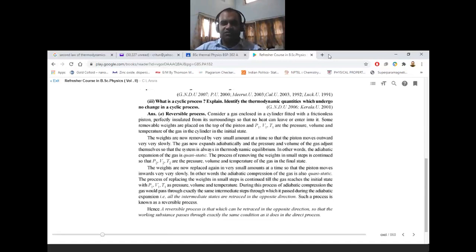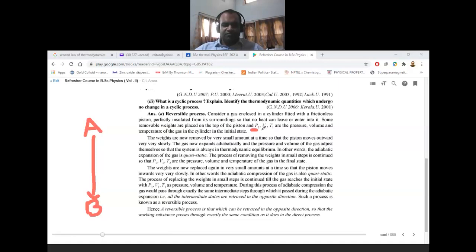Maybe I can annotate something. Just give me a moment. Suppose A and B are the two different states. Initially the gas was at this state and then we have reached a state.